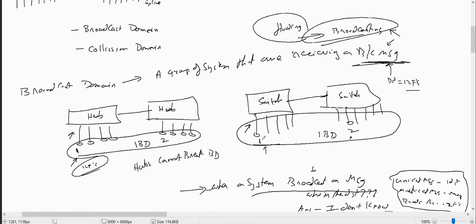Now, when 1 is sending a broadcast message, what will the switch do? It will send it to everybody. Second time another broadcast message is coming. Where will it send? Destination is 12 Fs. It's a broadcast message. So again it will send it to everybody. Third time, fourth time, whatever.